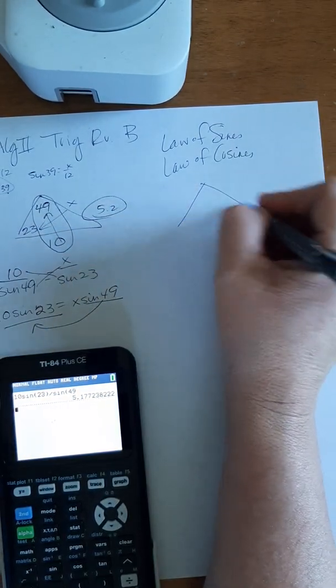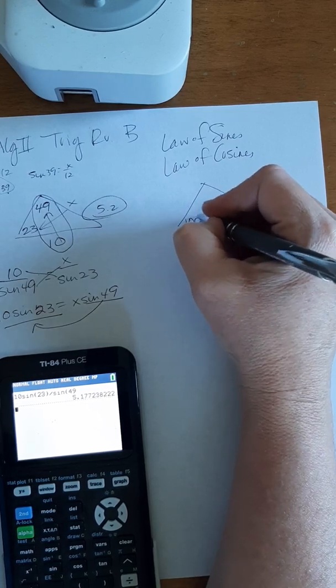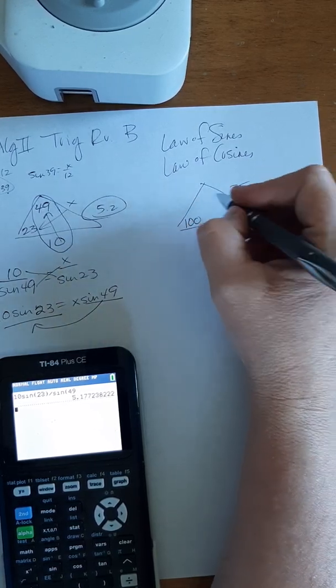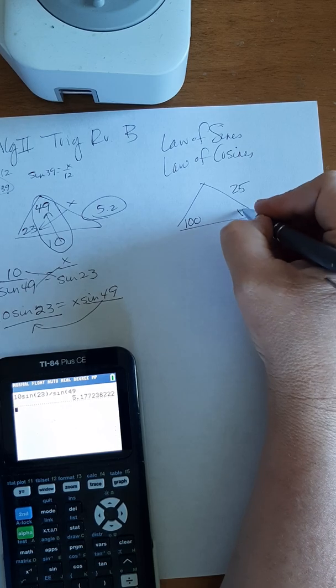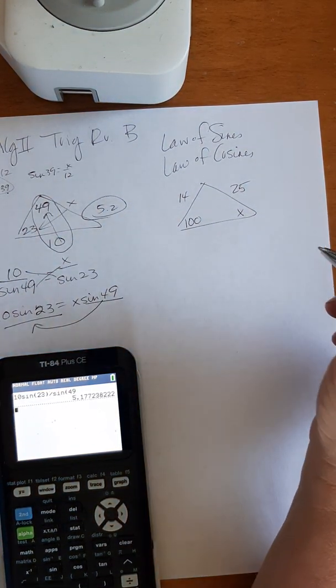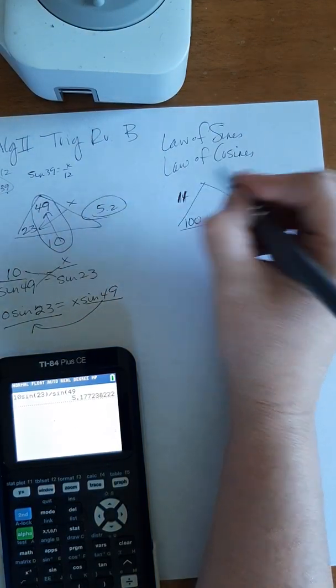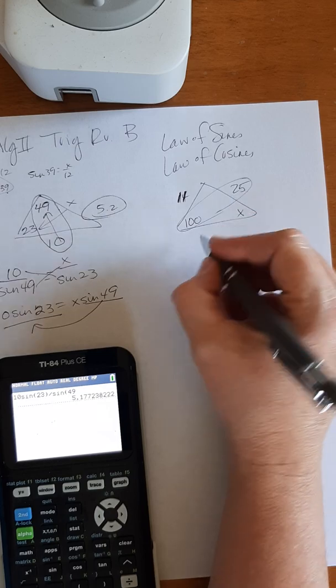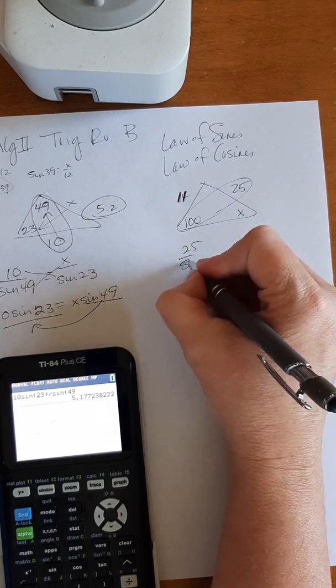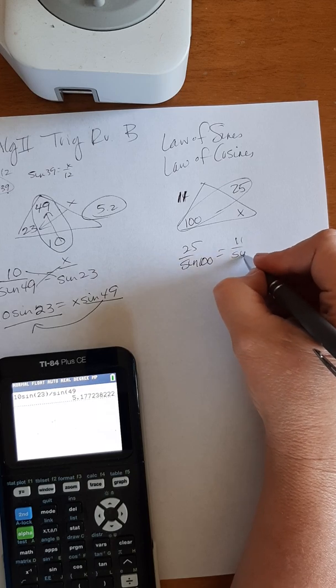Or let's even say you're looking for an angle. Let's say they give you 125 and x, or let's say 11, just to be certain. Well, you've got your pairs: 25 to sine 100, 11 to sine x.